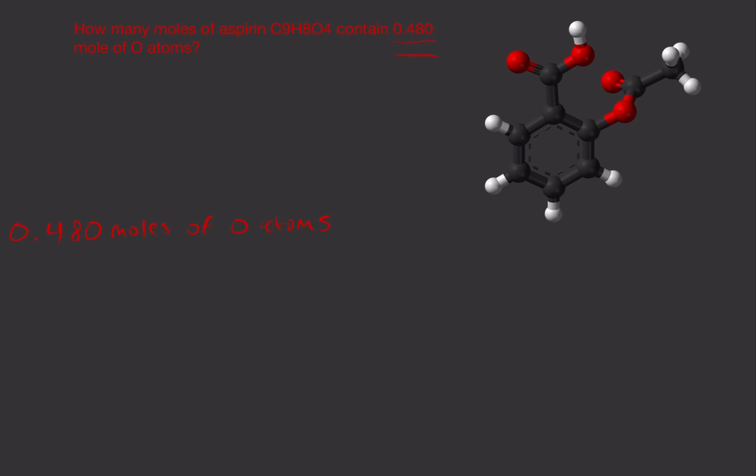So the next thing would be what we want or what we need. And what we need are those good old moles. So we can put 1 mole of C9H8O4, right?